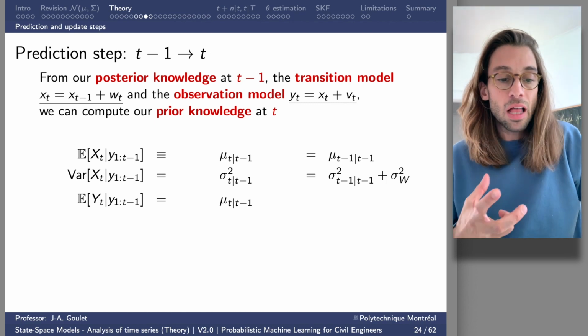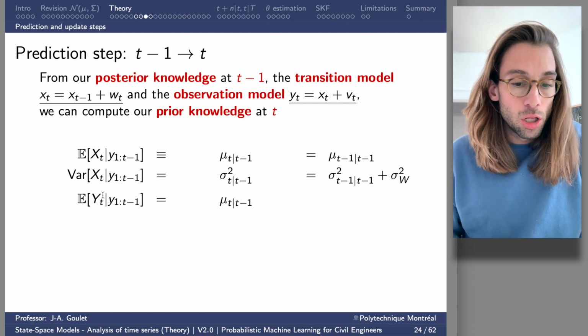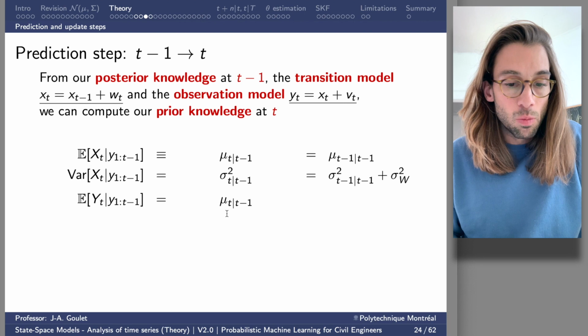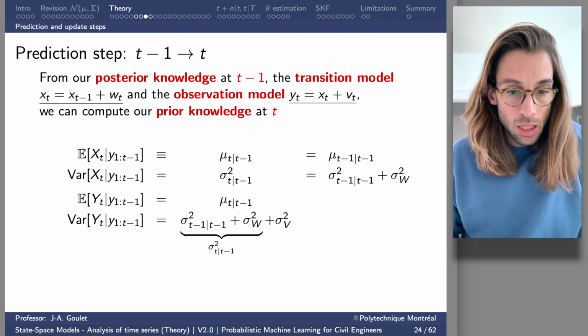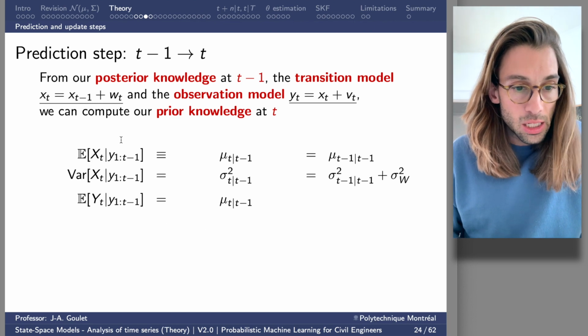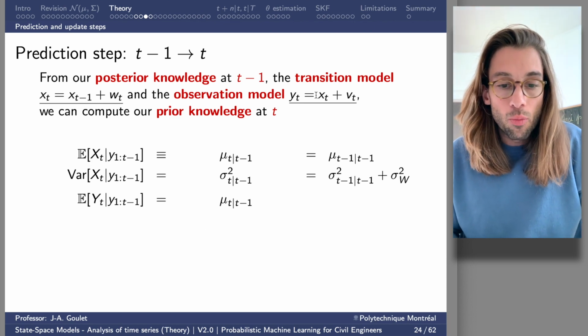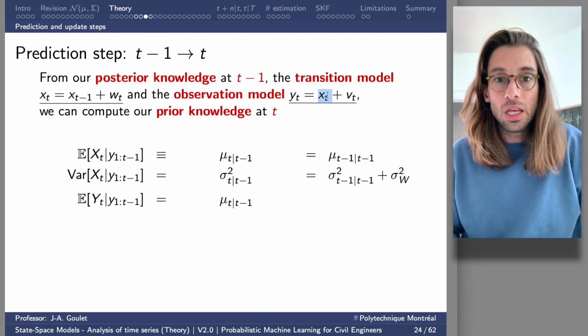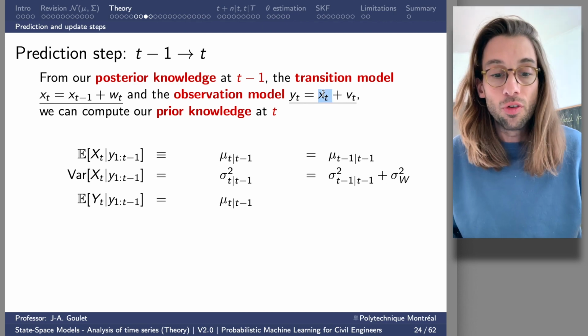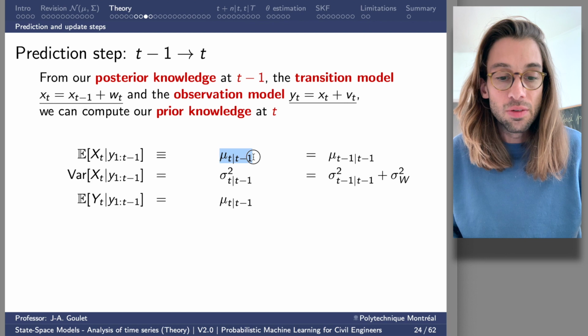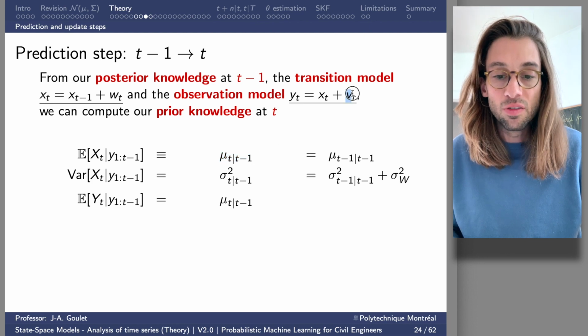The expected value of y is equal to mu t given t minus 1. This is again the same thing. Why is it this? It's because here we have our prior knowledge for xt. So it's going to be our prior expected value for xt, which was mu t given t minus 1, plus the expected value of vt, which is 0.